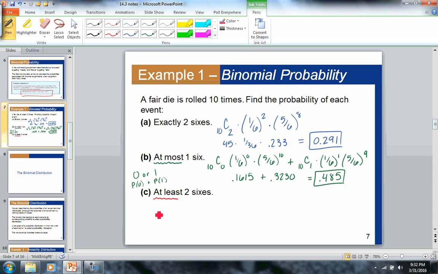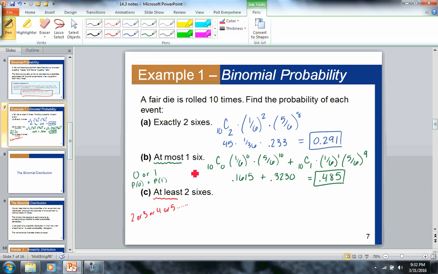So if we want at least 2, that means we could have 2 or 3 or 4 or 5, and so on and so on, all the way up till 10. So I don't want to do all those calculations. So this is where I'm going to use my complement.